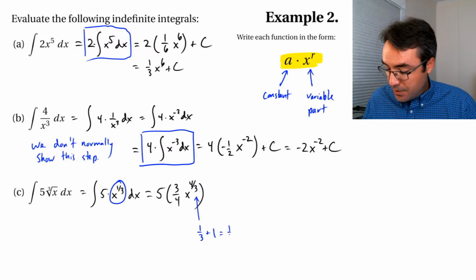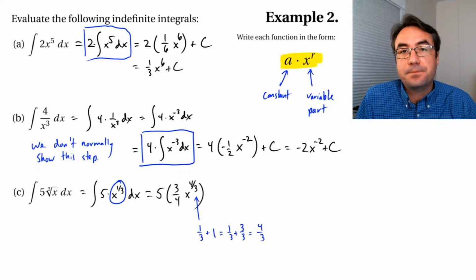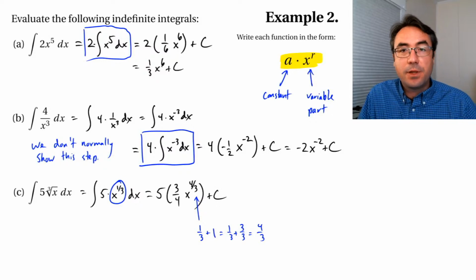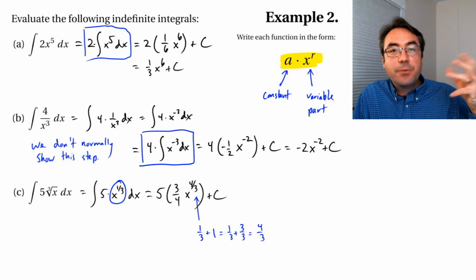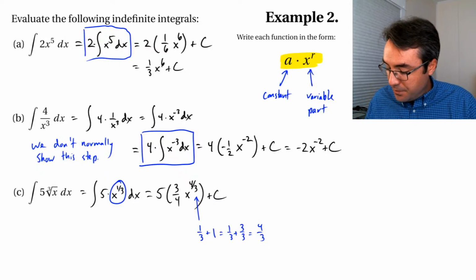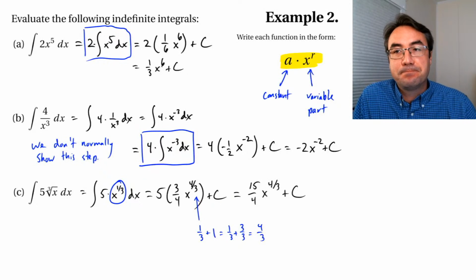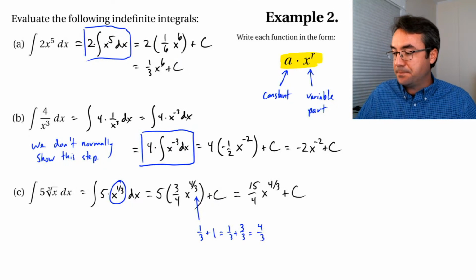And if you need to, you could think of a common denominator, 3/3, which is 4/3. And then once we're done with all the integration, we put our plus c at the very end, and then we simplify. So we could do the 5 times 3/4, and that would give us 15/4 x to the 4/3 plus c. So there's our antiderivative.